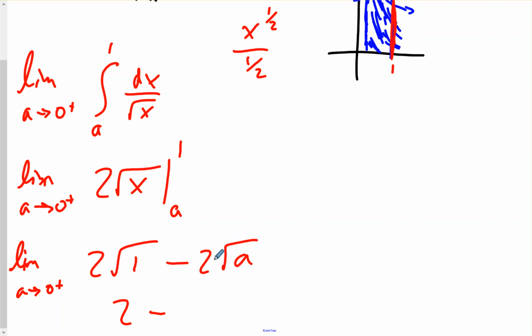This gets closer and closer to 0. So we just end up with the area to be finite value of 2.